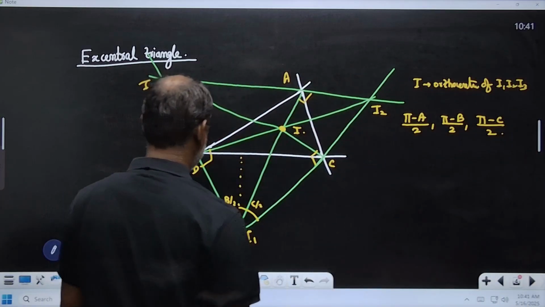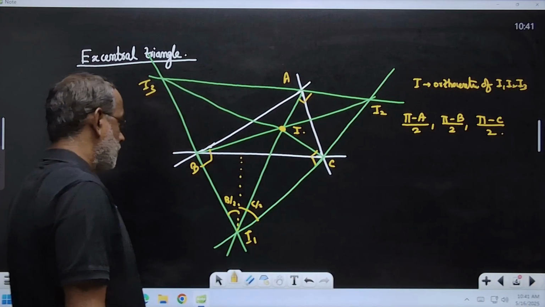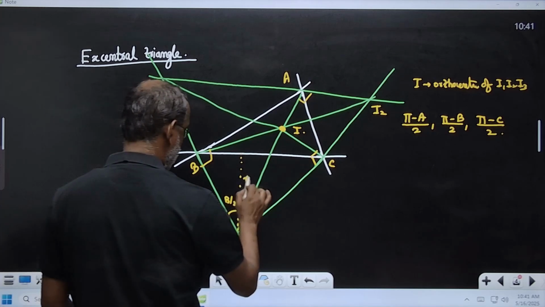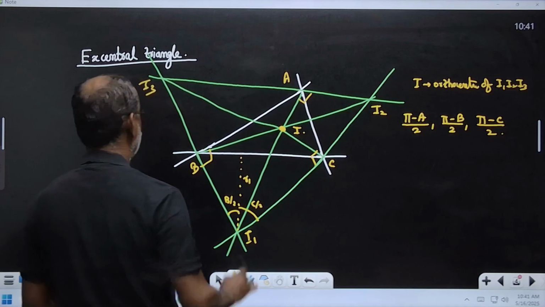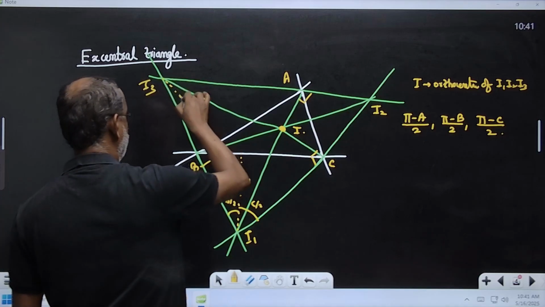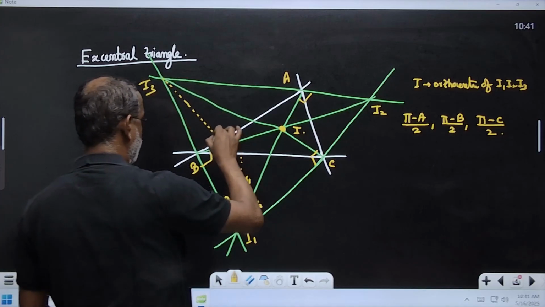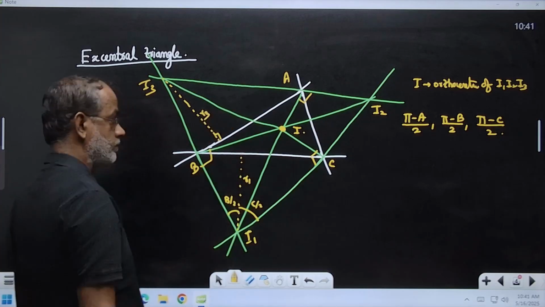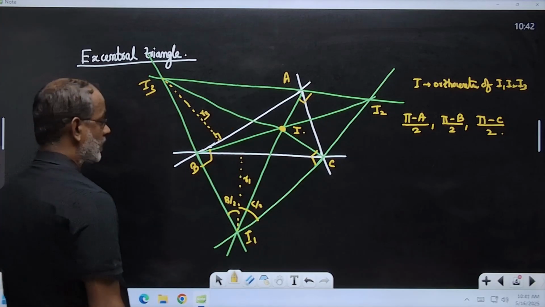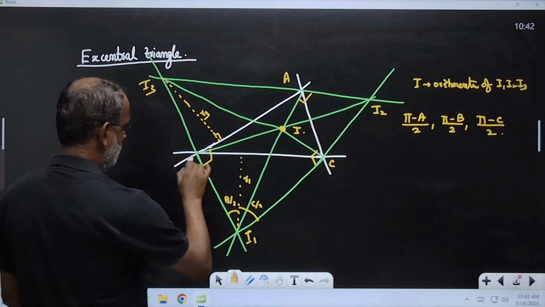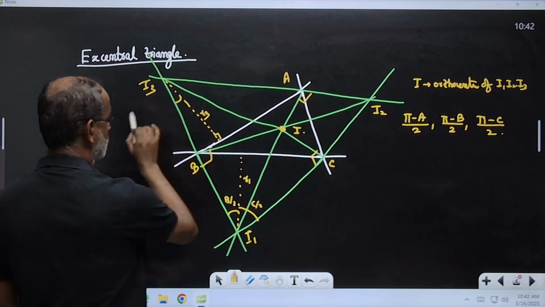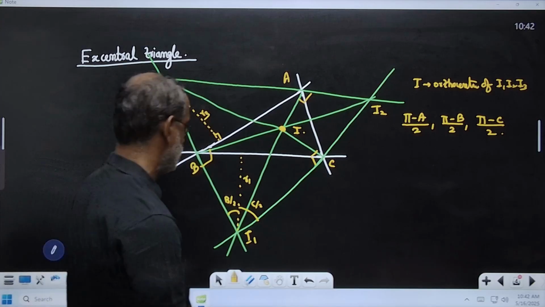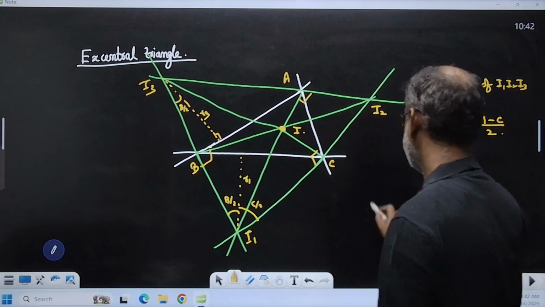Insofar as sides are concerned, so this is say R1, okay. This is R3, and similarly this is the external angle bisector, so this will again be B by 2. So, what is side I1, I3?